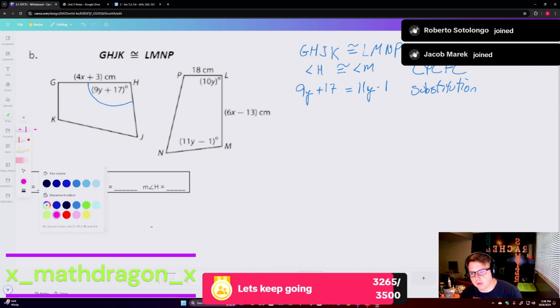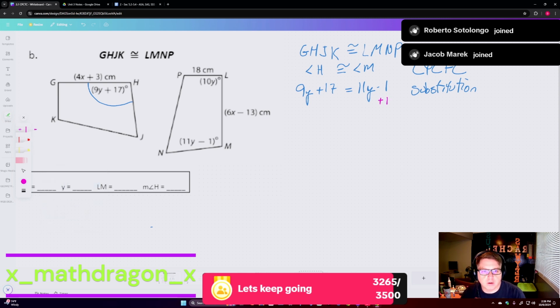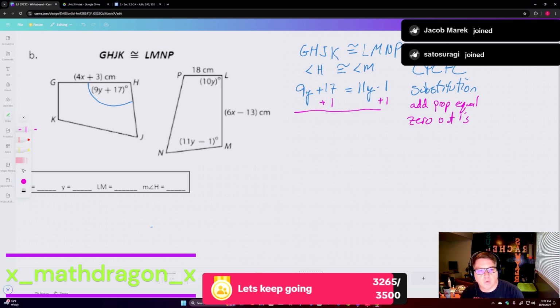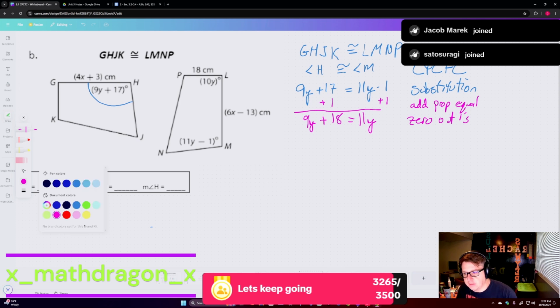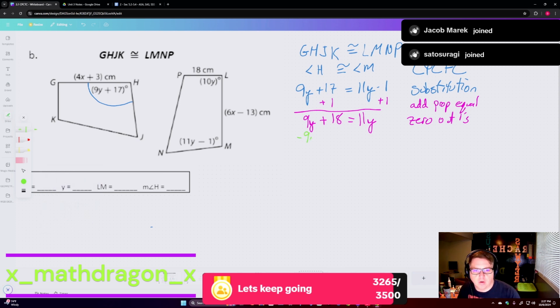So if this is our case, we want to add 1 to both sides. So that will be the addition property of equality. And that will zero out the 1's, which is why we're doing this to begin with. We want to get the y's by itself. So in order to do so, we need to move the 1 to the other side, which will give us 18, and then 9y. So now we can subtract 9y from both sides to get all the y's on the same side.